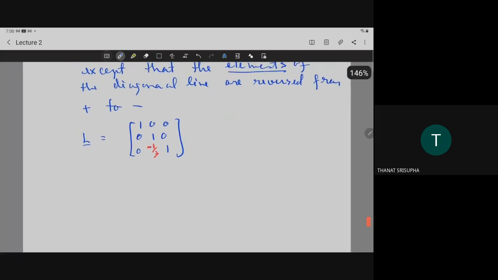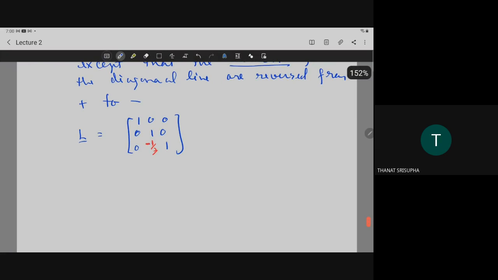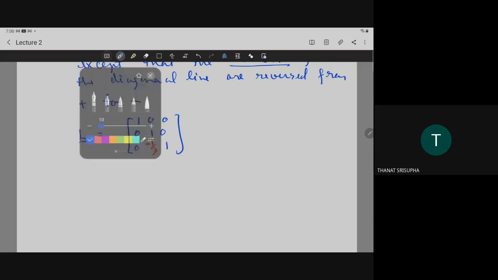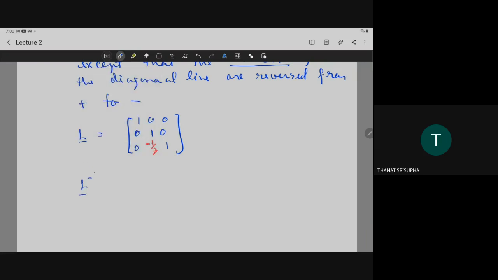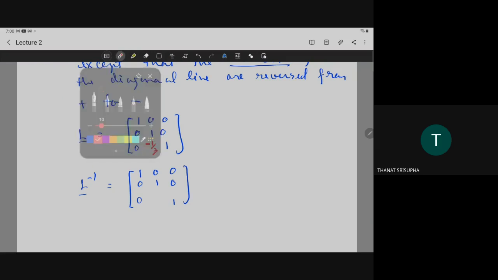So this minus 1/3 is the non-zero element. Okay? So if we find L inverse, we will just have 1, 0, 0, 0, 1, 0, 0, and then 1/3. That's all. So it's very simple to find the inverse as well.